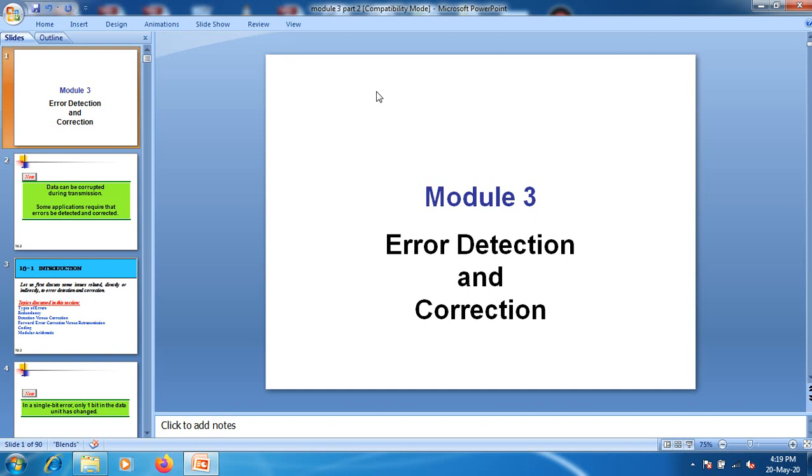Apart from that, the data link layer is responsible for the transfer of frames from one hop to the next hop. The other responsibilities associated with the data link layer are framing, physical addressing, error control, flow control, and media access control. In this session, we are going to discuss one of its functionalities, that is error detection and correction.